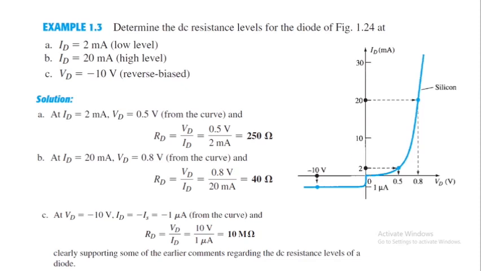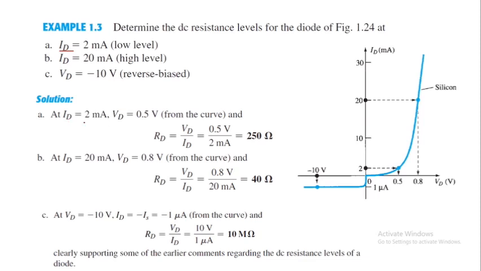different regions. So example 1.3 says determine the DC resistance level of this diode circuit, the characteristics of that diode circuit. So we have to find it at ID equal to 2 milliampere, ID equal to 20 milliampere, and for VD equal to minus 10 volt.